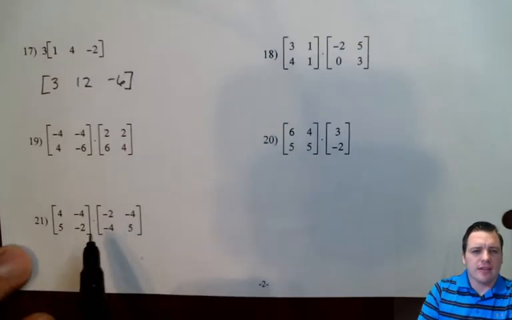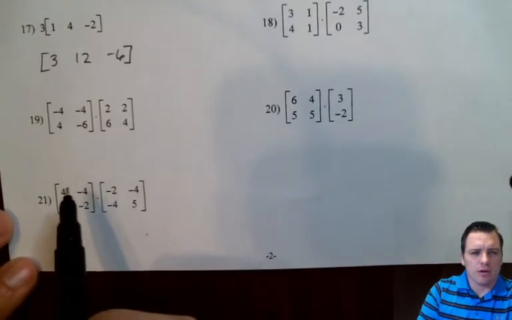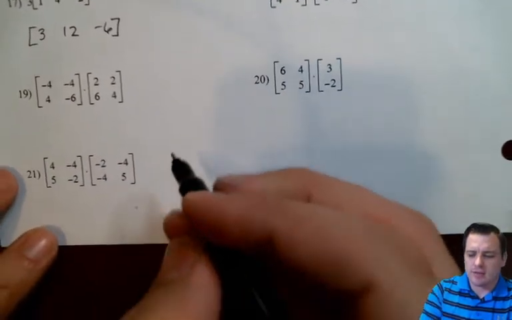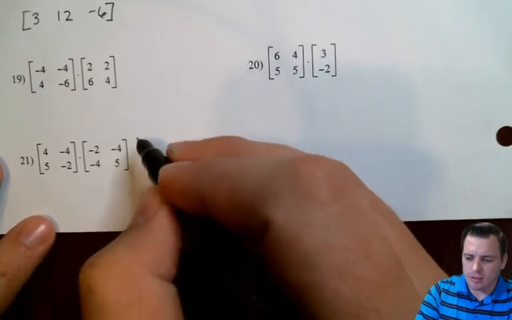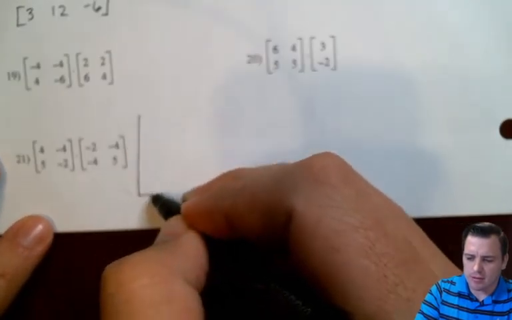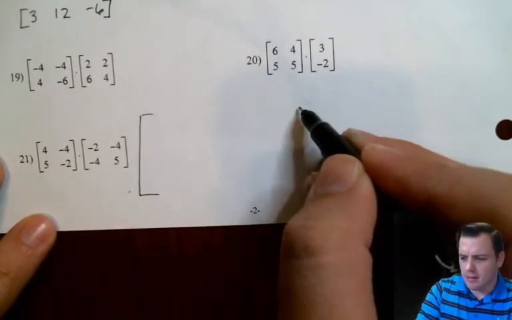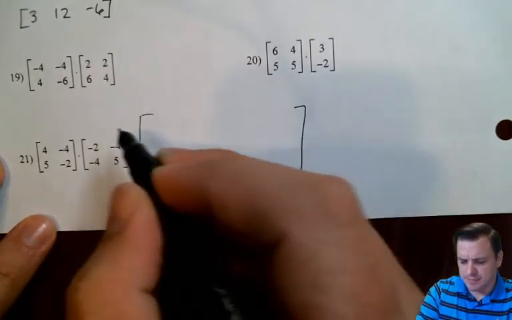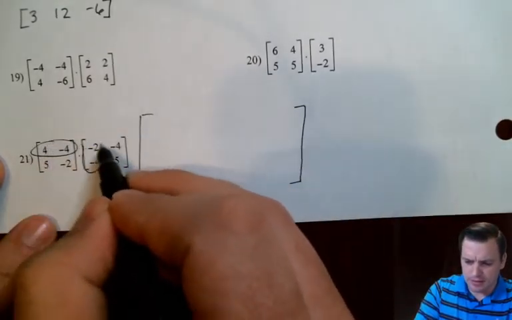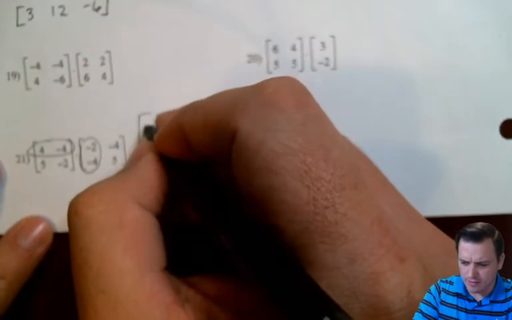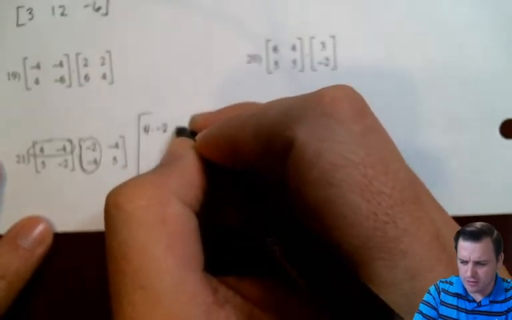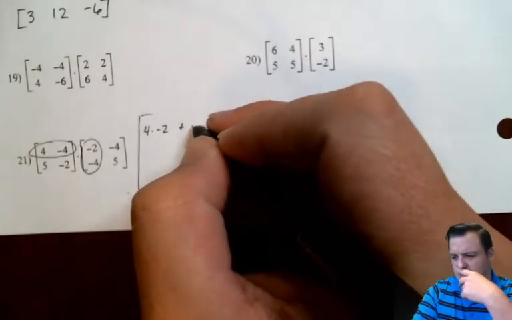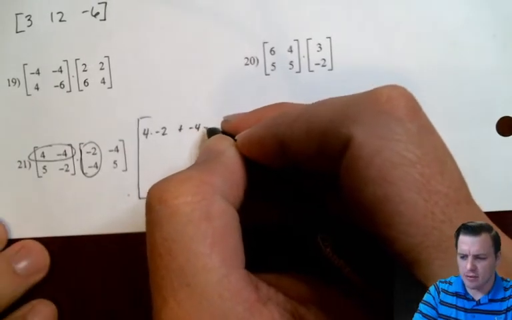19 and 20 are kind of the same thing. 19 and 21 are kind of the same, so I'm just going to work 21 to make sure we're all good on that. Remember, I always start with that big matrix. So I'm going to do this times this: 4 times negative 2 plus negative 4 times negative 4.